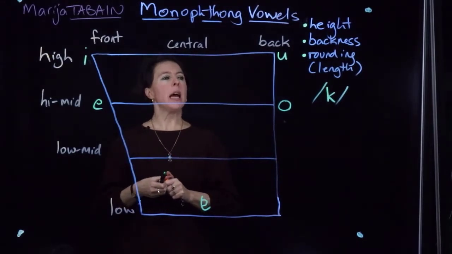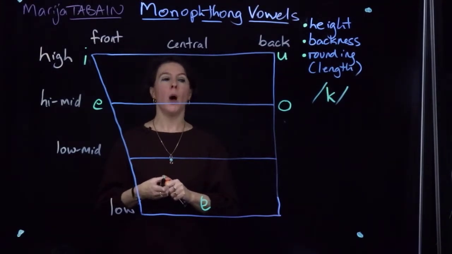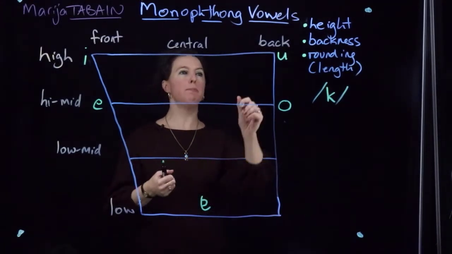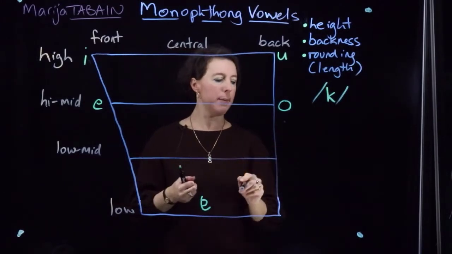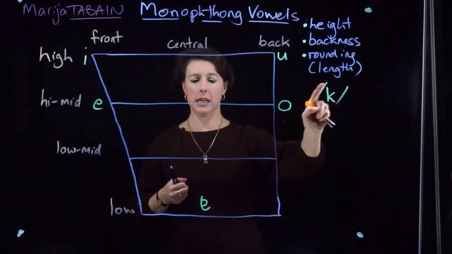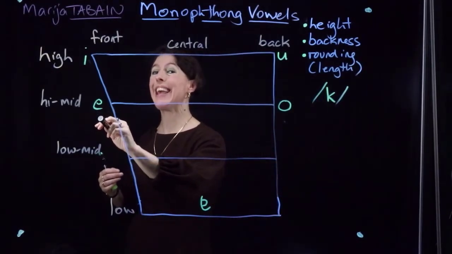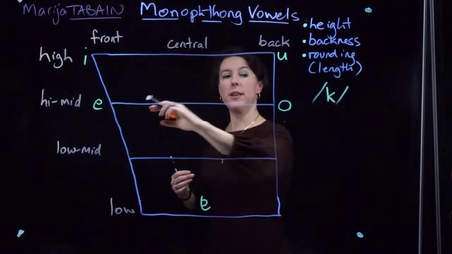If ever you can't remember which is back and which is front, I really recommend putting a K in front, and you can tell then that, say, ki is more front than ko.